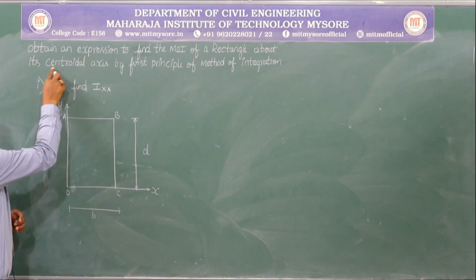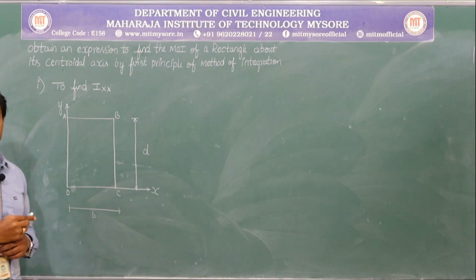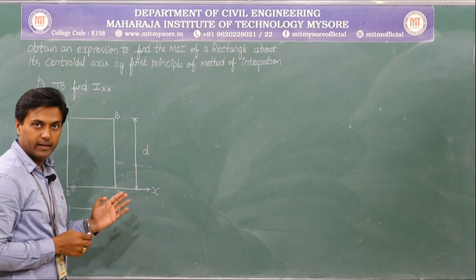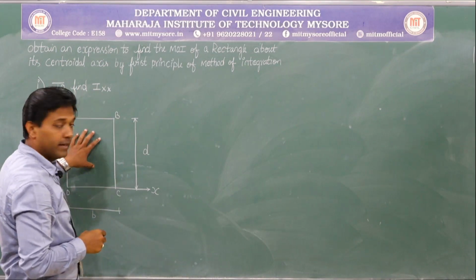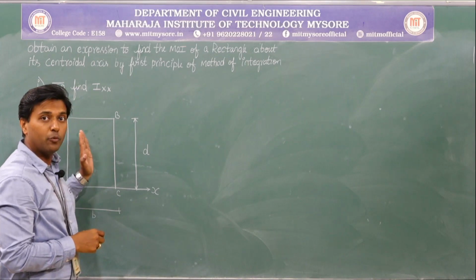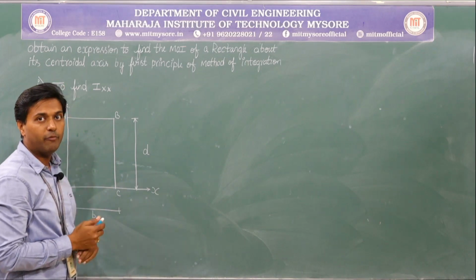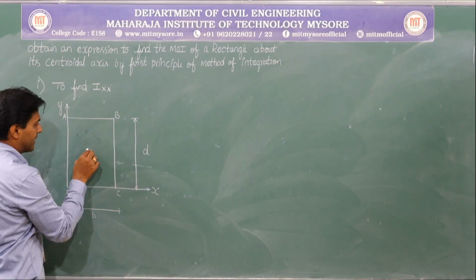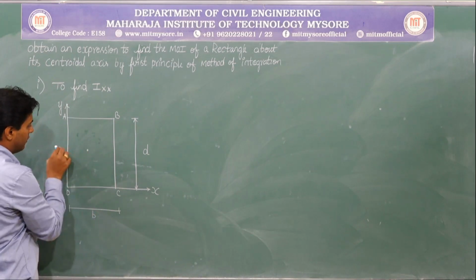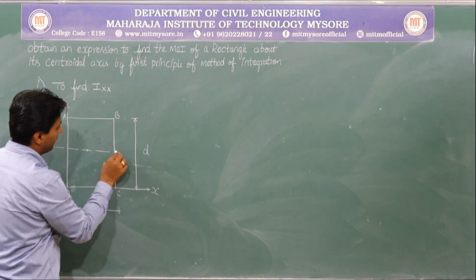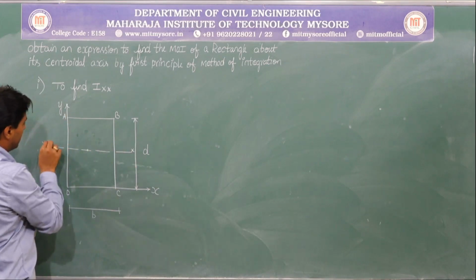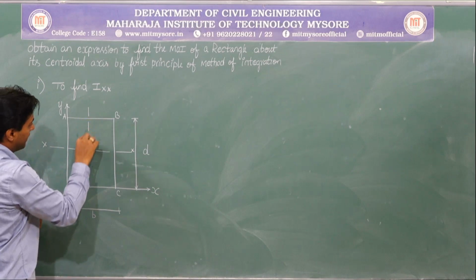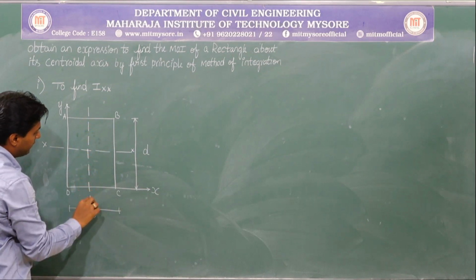They have asked us to calculate it about the centroidal axis. I think you people know that rectangle is a symmetric diagram both in x axis as well as in y axis. I know the centroid lies exactly at the center for this. Let me mark that also. So this is x axis. If I mark it in the vertical direction, that will be the y axis.